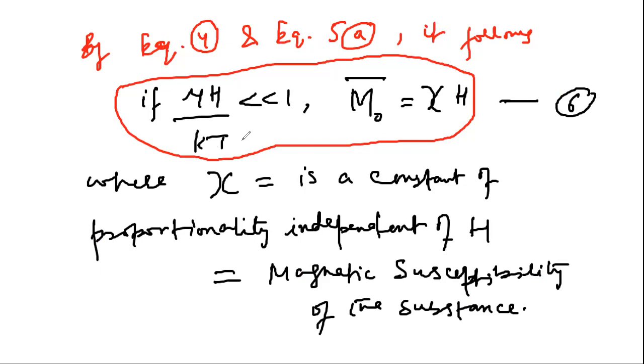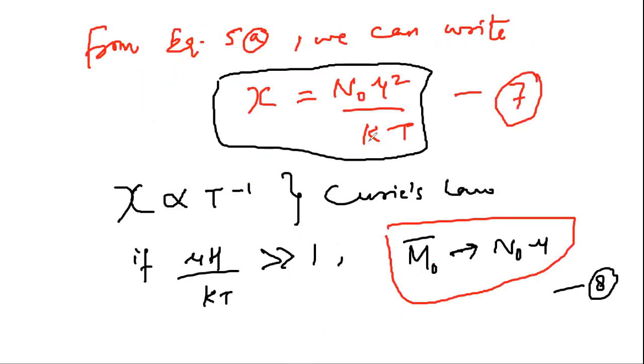So for larger temperature, that's when this ratio is very small compared to this, there comes this proportionality with H, and the chi contains these parameters and not mu by kT.